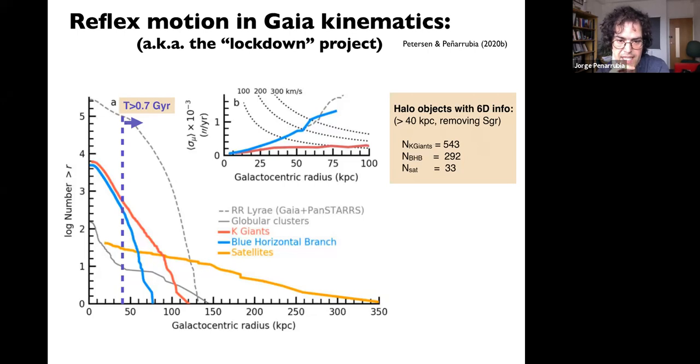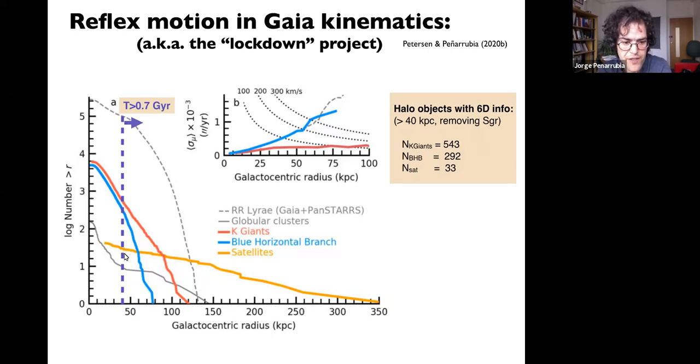We looked for stars in the Gaia catalog with full 6D information. So we got 543 K-giants, 292 BHBs, and 33 satellites with full 6D information beyond 40 kiloparsecs.